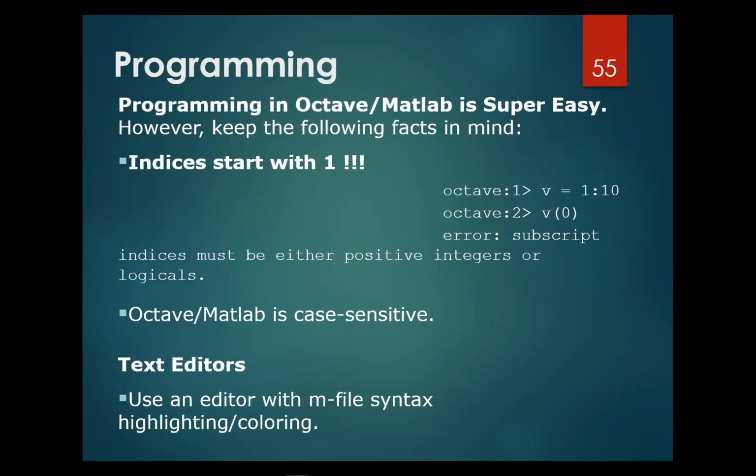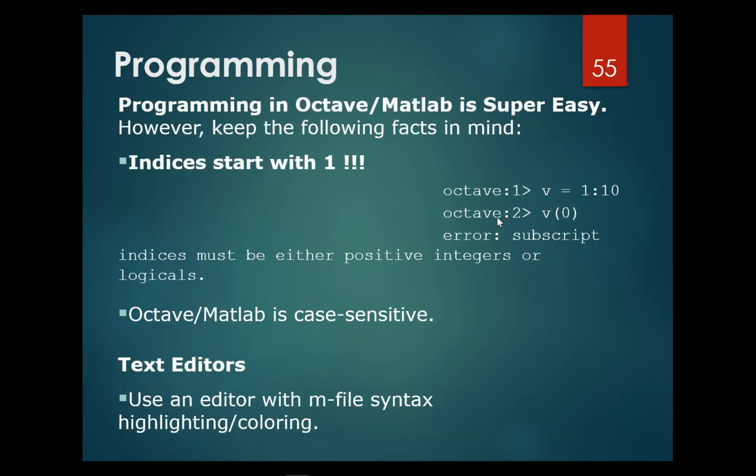Arrays start from index 1 and not 0. So we have an example here. If we have, at the command prompt, vin is equal to 1 to 10, it will generate an array from 1 to 10.